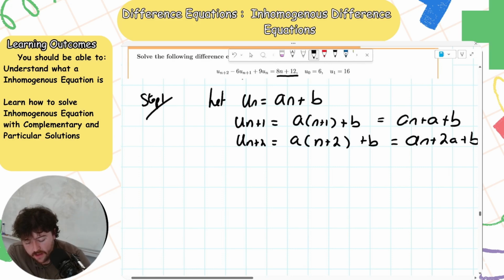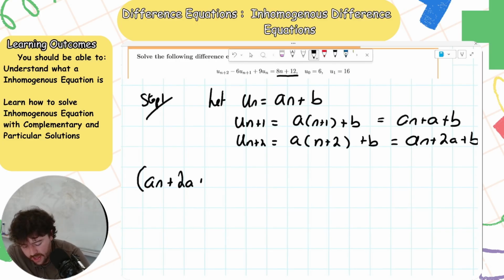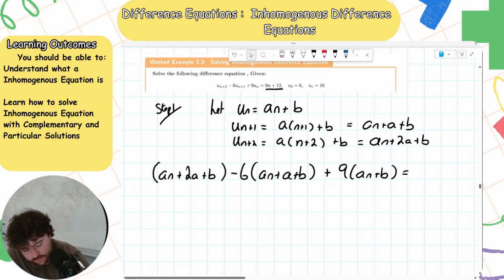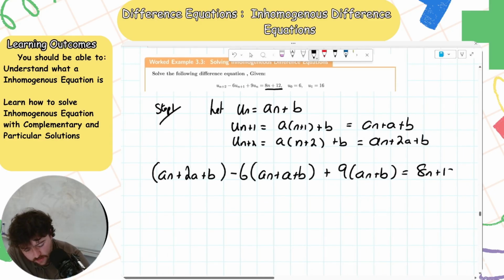So my left-hand side of my equation, let's sub it in. u_{n+2}: I'm subbing in an plus 2a plus b, minus 6 u_{n+1}, so it'll be minus 6 times an plus a plus b, and then plus 9 u_n, so it'll be 9 times an plus b, equals 8n plus 12.